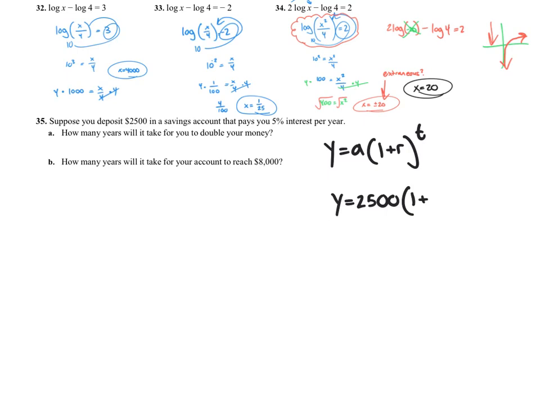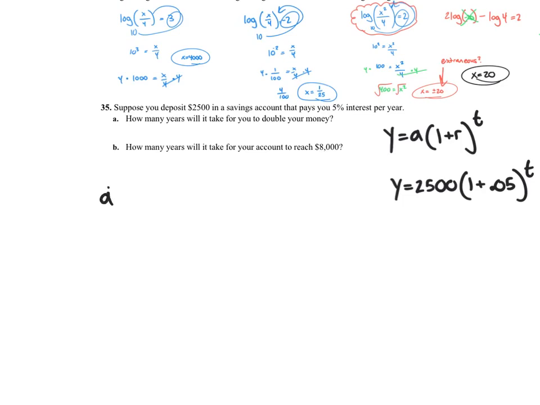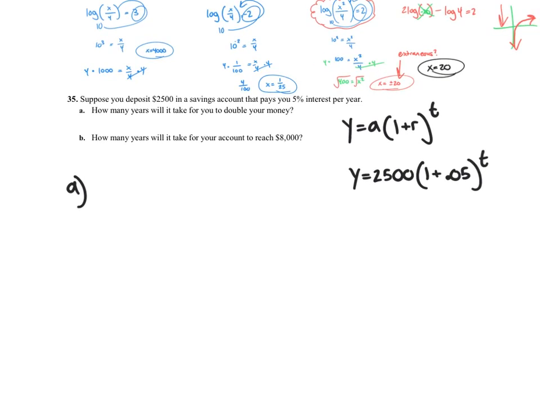We get a savings account interest of 5%, which is 0.05. So here's the equation we want. For part A, if we wanted it to double, that means our 5,000 would be our y, because it's double 2,500.